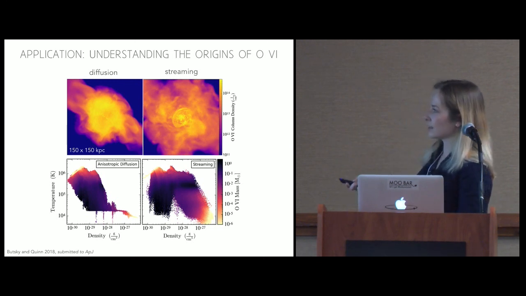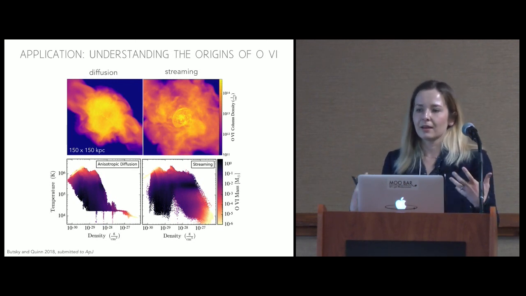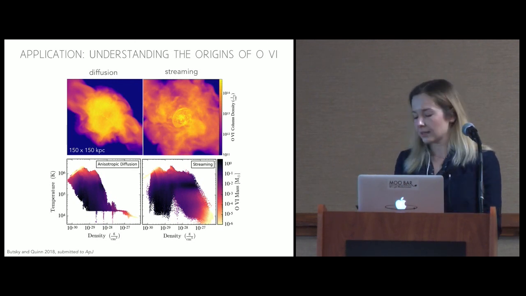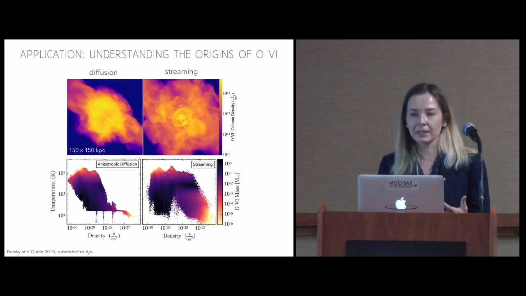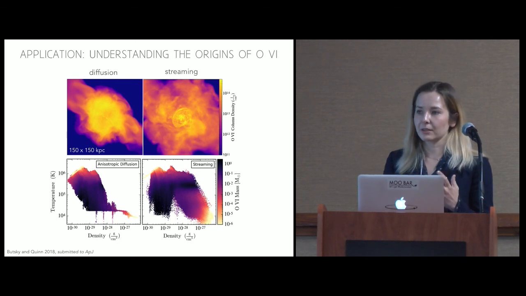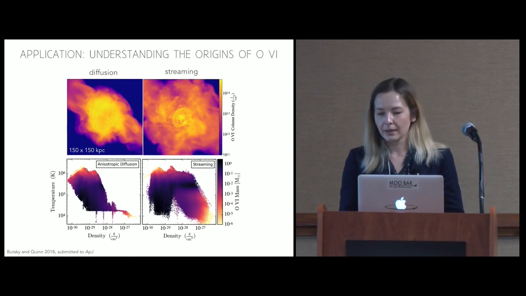And in the anisotropic diffusion model, we see that most of the oxygen-6 is in this lower left corner, which is low temperature, low density gas that's predominantly photoionized. But in the streaming model, we still have that photoionized oxygen-6, but there's also a significant amount of it that's collisionally ionized, which is the preferred explanation in the literature right now.